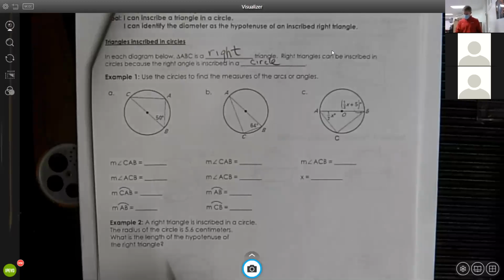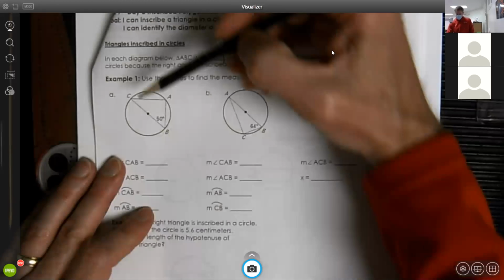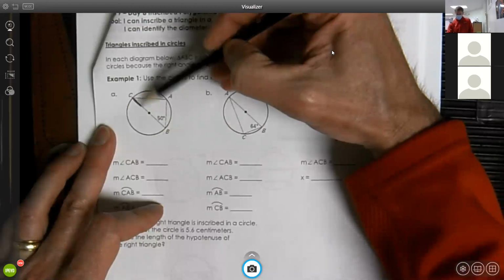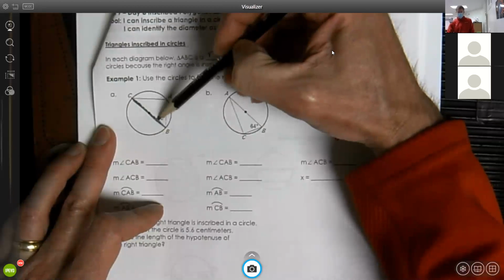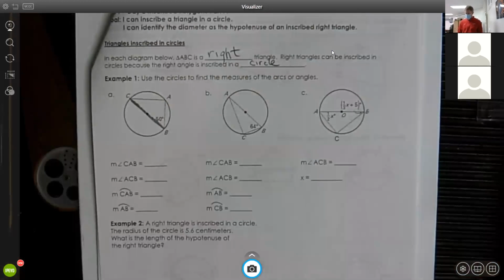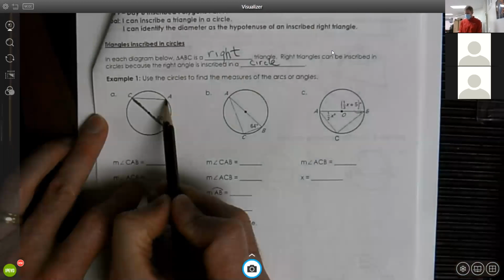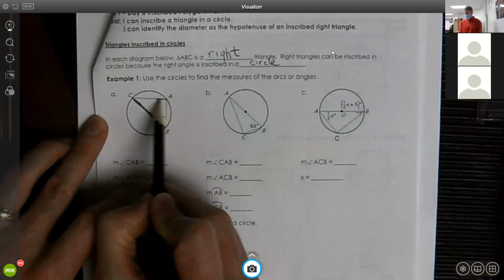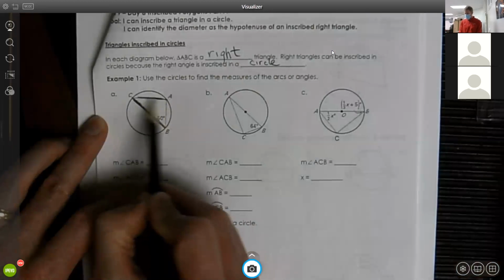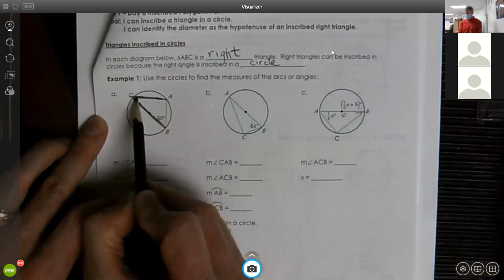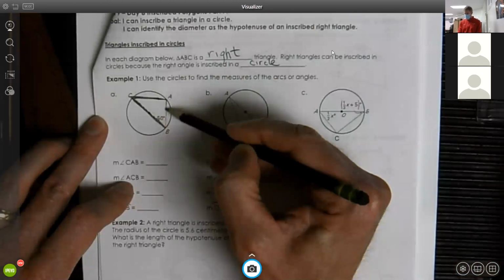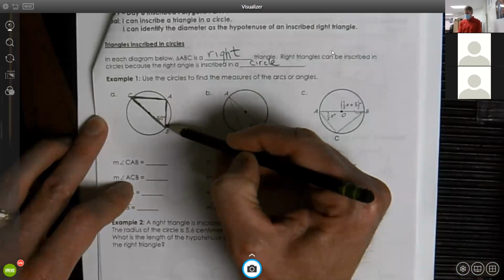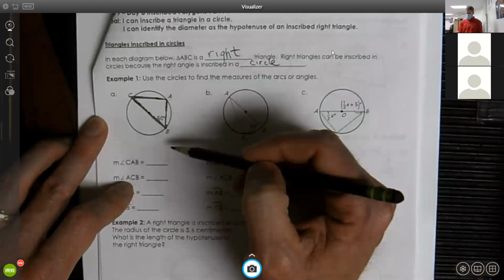So when we look down here, we notice we have a diameter that comes all the way through. And we notice that in this case, it's angle A, and we have one side that's coming up to point C, and another side that's coming up to point B, which are the endpoints of the diameter.